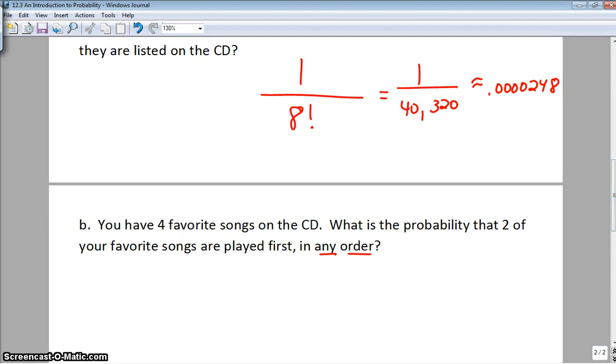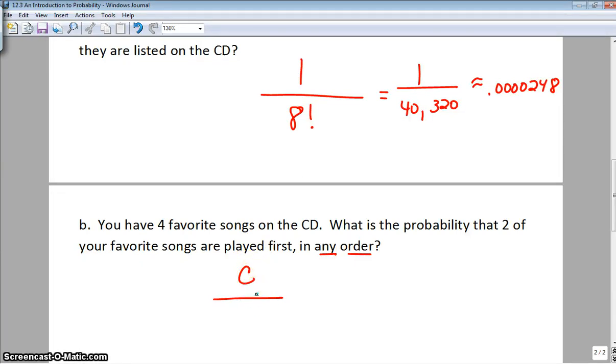So if I have 4 favorite songs on the CD, and I want the probability that 2 of the favorite songs are played first in any order, we need to figure out how many ways can I get a favorable outcome? The favorable outcome would be that the 2 songs that we pick are of the 4 favorite songs.